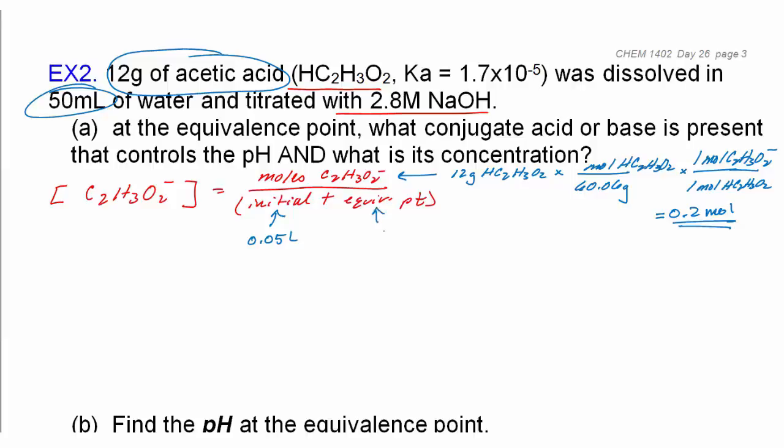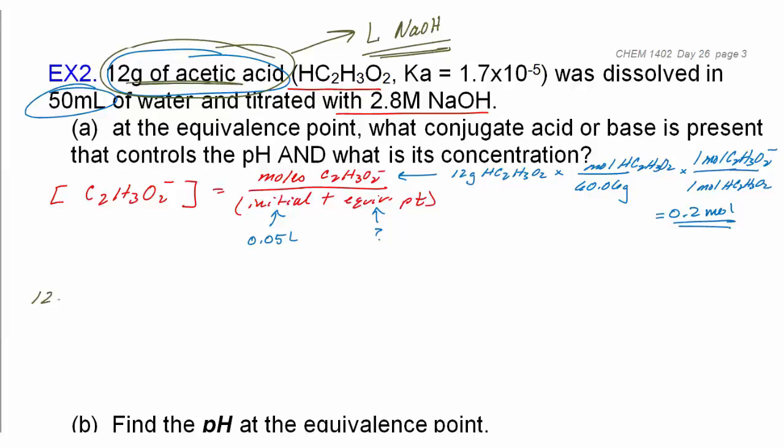Now I have to find that equivalence point, right? So to find that equivalence point, I'm going to start with the 12 grams of acetic acid. I'm going to convert it to liters of NaOH. That's what I need, and that will be my equivalence point. So let's start with this 12 grams of acetic acid.